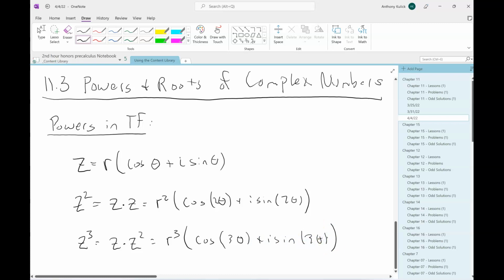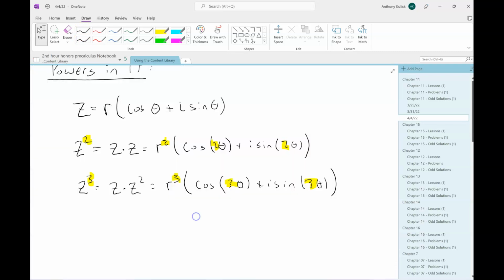And at this point, does anybody see the pattern? That's super, super easy. This has a name, this is called De Moivre's theorem.